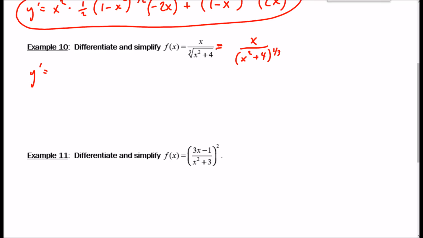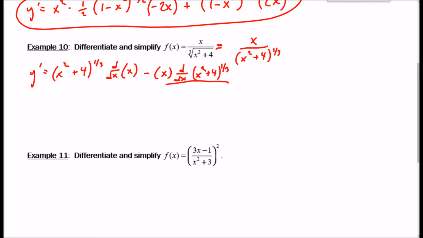So low d-high: (x squared plus 4) to the 1/3 times the derivative of x, which we know will end up being 1, minus high d-low, so x times the derivative of (x squared plus 4) to the 1/3, over low squared, so ((x squared plus 4) to the 1/3) all squared.